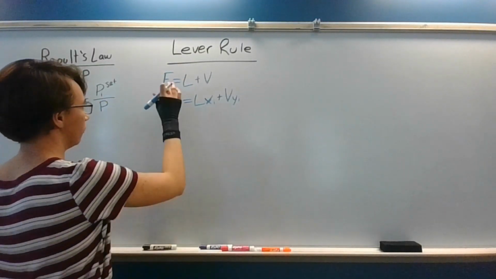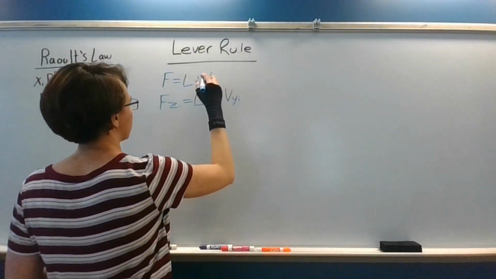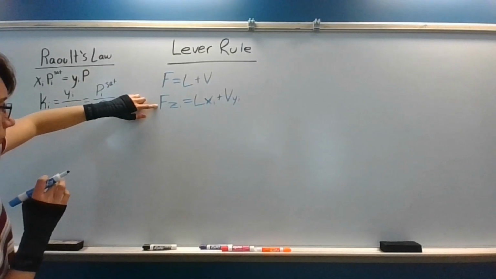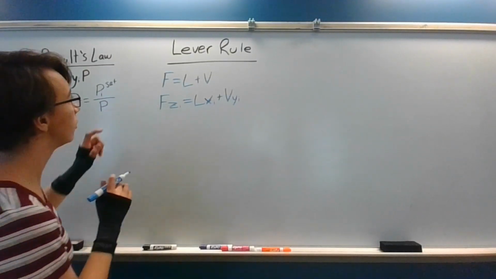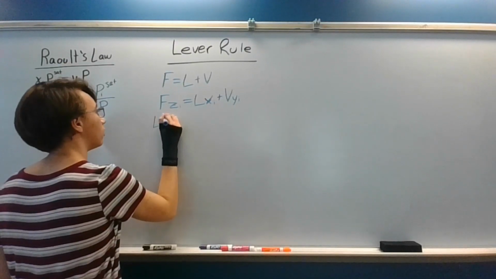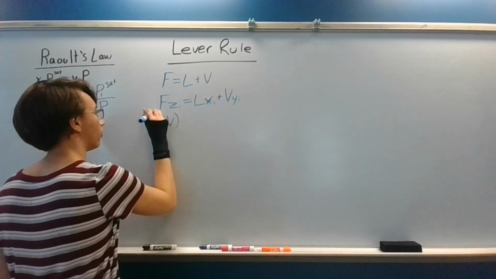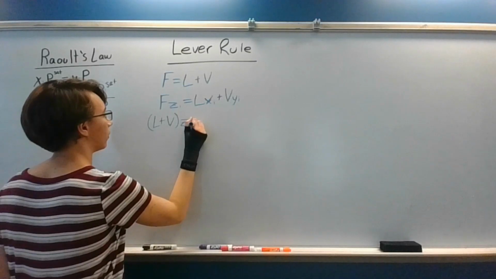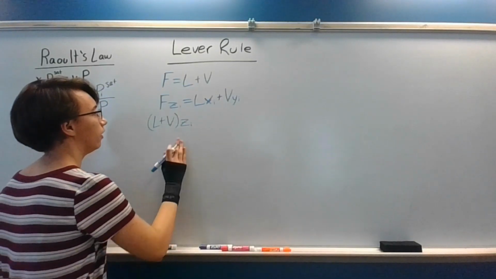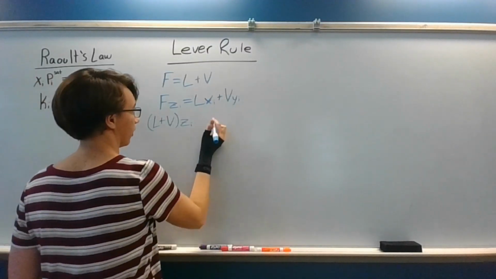So first, we're going to take this and, oh wait, never mind, it's already solved for. So we're going to take this and plug it in for this F right here. So that means that we're going to have moles of liquid plus moles of vapor times the mole fraction of component I in the feed.